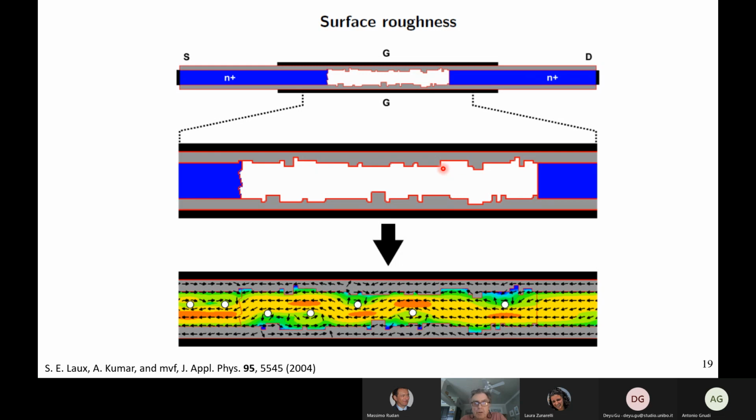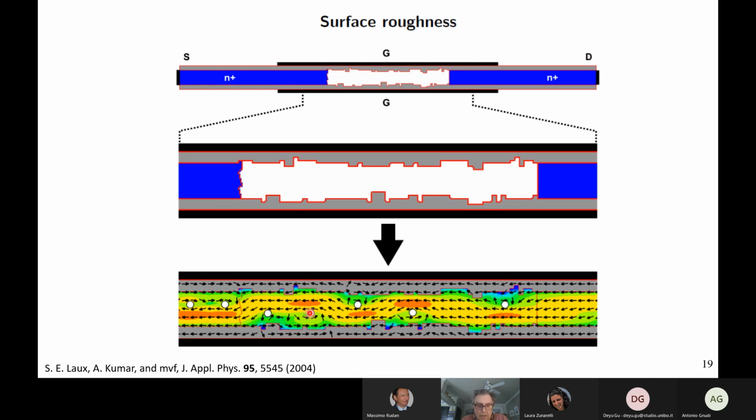You model this as random, but with a probability distribution or a power spectrum, which is Gaussian or exponential. Here, frankly, I don't remember what we did. And then you look at the ballistic current. You inject electrons from the left going to the right. The current, of course, since the electrons are negatively charged, is shown going the other way. But you see something very interesting.